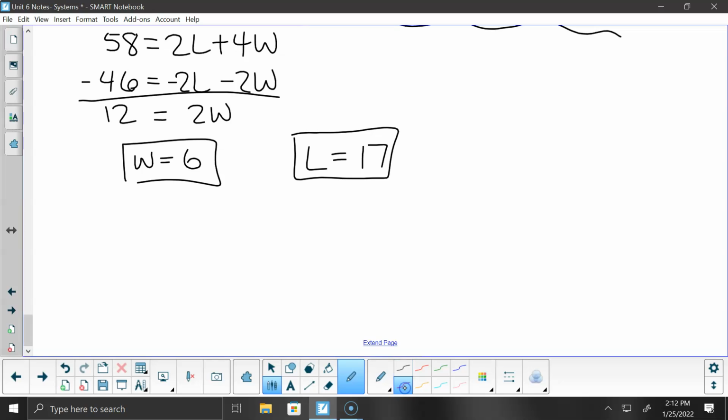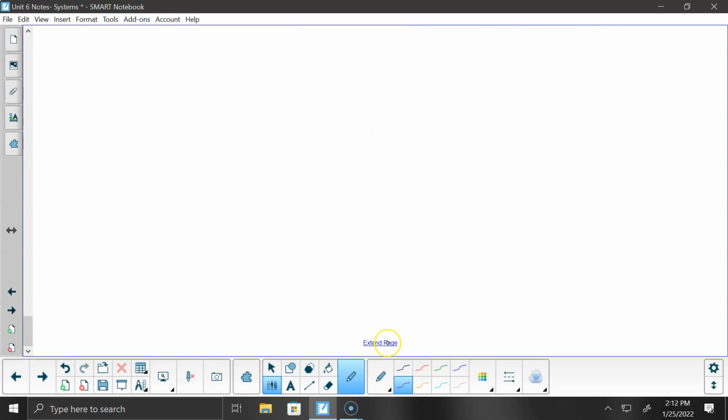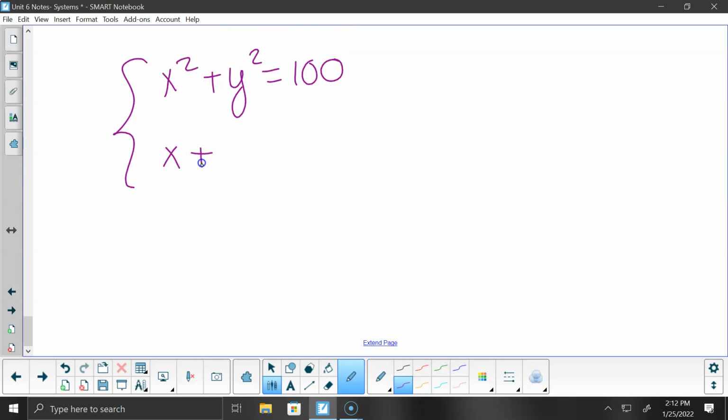Other side note is on your homework. There's one where it's a system. And it's x squared plus y squared equals 100. And then like x plus y equals 7 or something like that. I'm just making up numbers. And it says solve it with substitution.